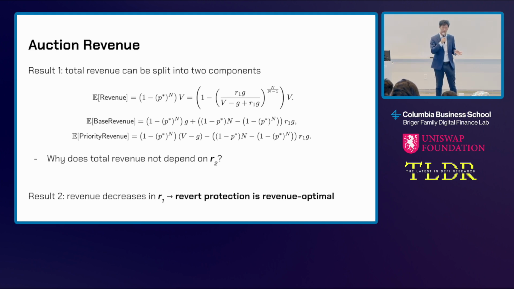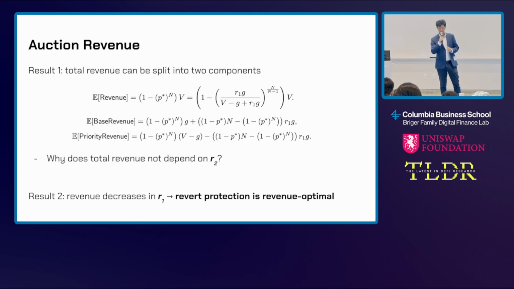The second component is made up of the priority fee as well as the reverted priority fees. One interesting observation on the total revenue is that it does not depend on R2, which in our model is the penalty rate on the priority fee. In terms of the revert protection rates, the main variable of interest is R1, the revert penalty rate on the base gas fee. We'll digest this a little more in the next slide.